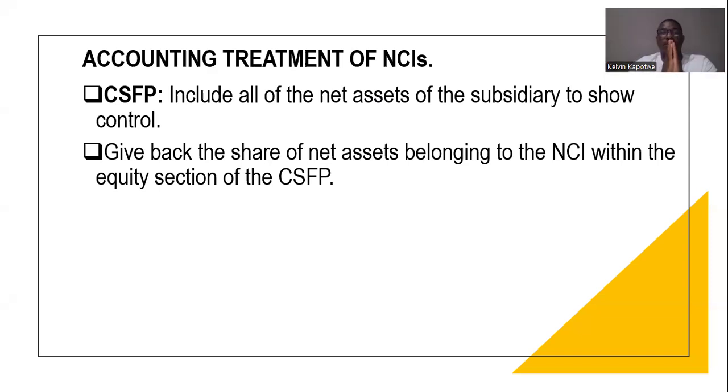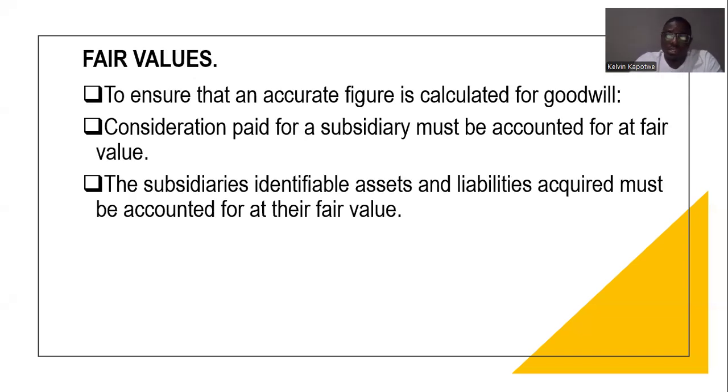Then you give back the share of the net assets belonging to the NCI within the equity section of the consolidated statement of financial position. So you split equity in accordance with the percentage ownership of the parent and the NCI, but this is dealt with in the equity section.